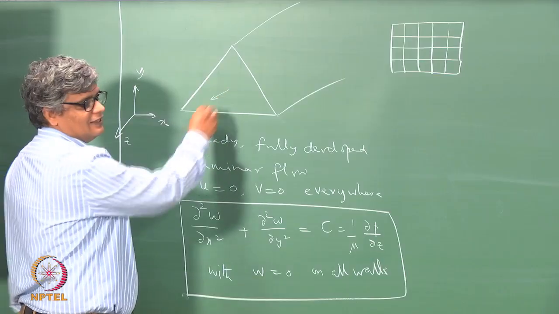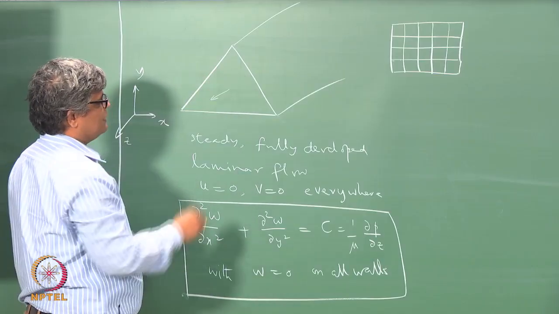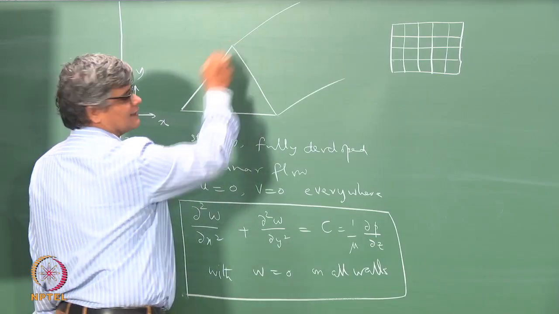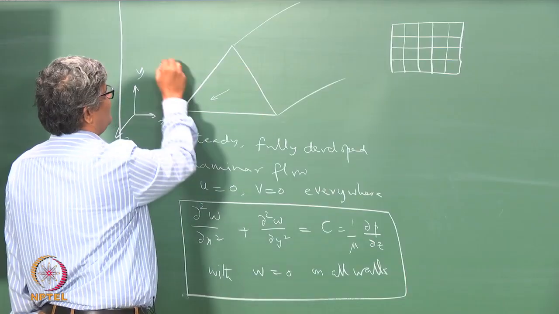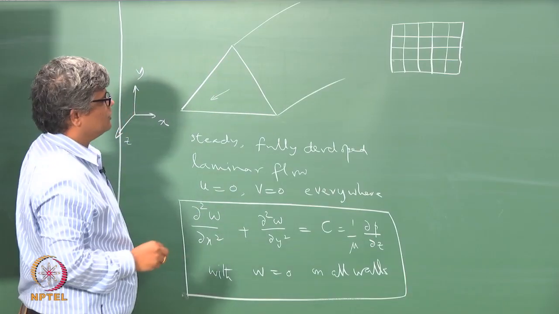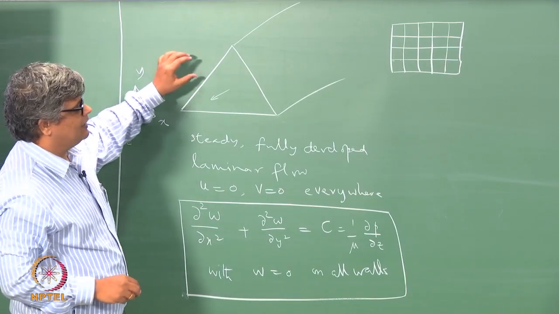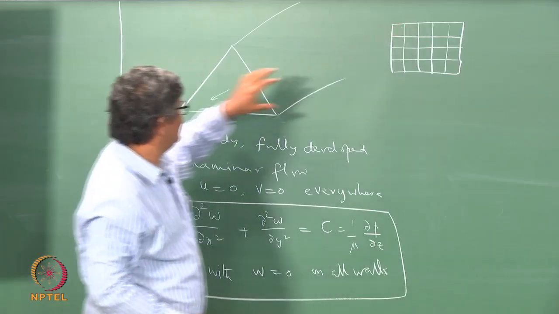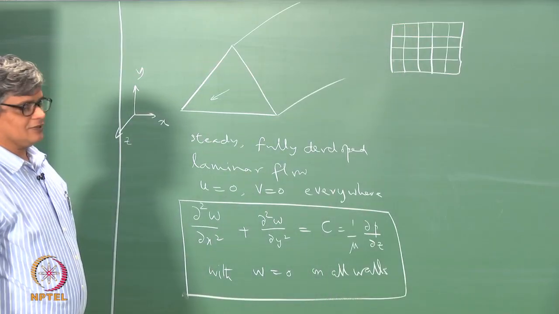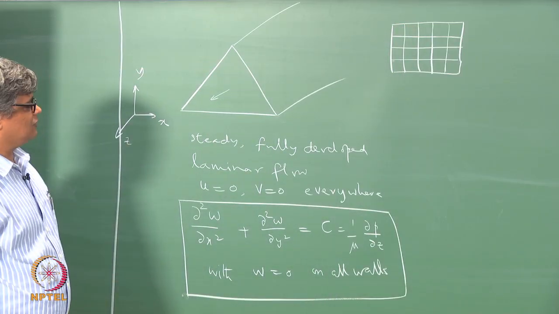And here if we want to do the same thing, we will have difficulty because this line here is inclined and this line is inclined, and it's not possible to have a similar kind of grid in this triangular cross section.